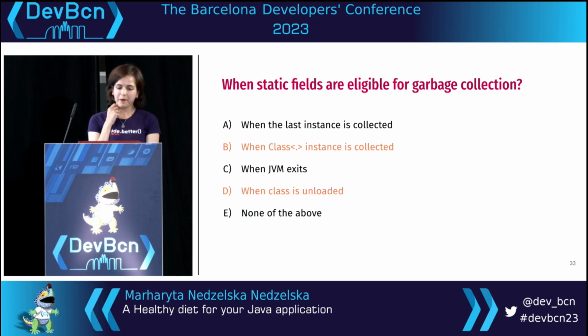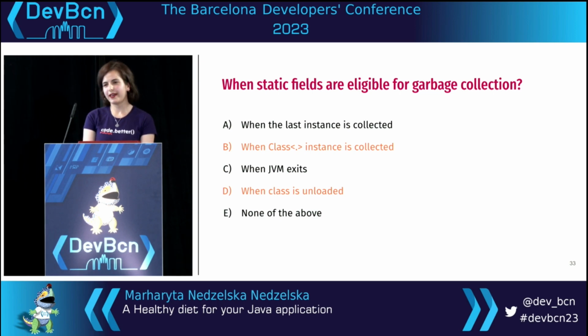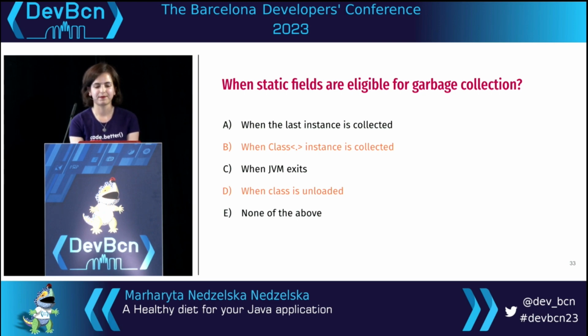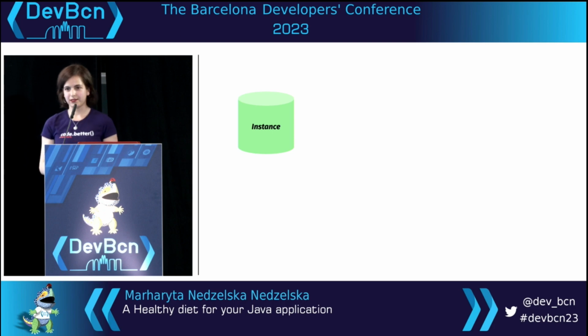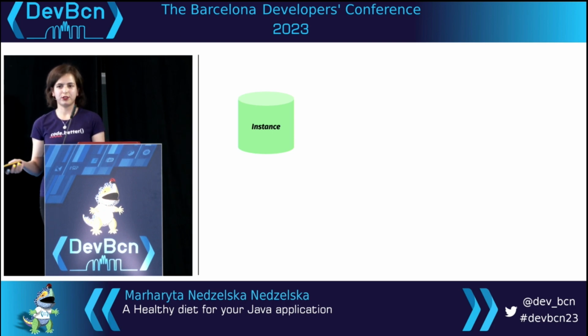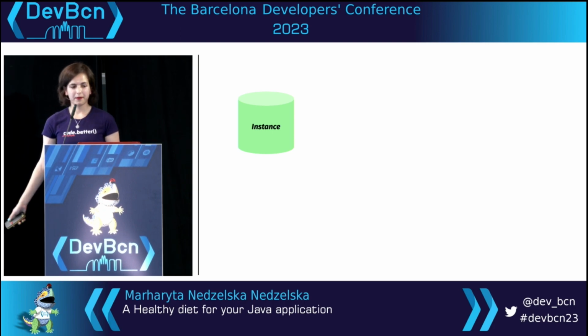So the most honest answer is that people who said B and D are half right, half not right, and let me explain why. When we are working with our application, we usually deal with some instances. You create some object with new, and this is an instance.